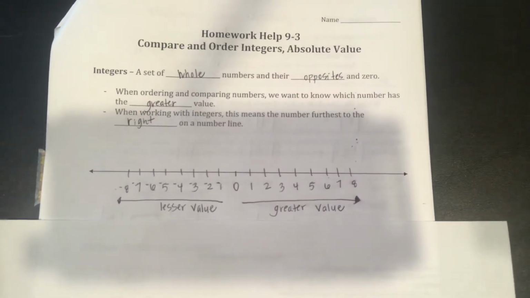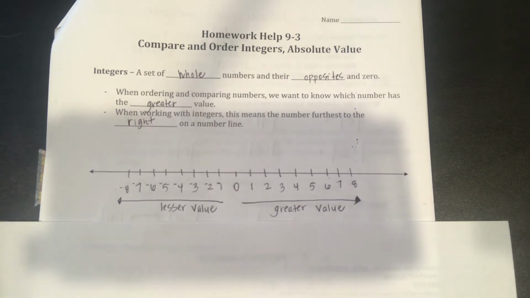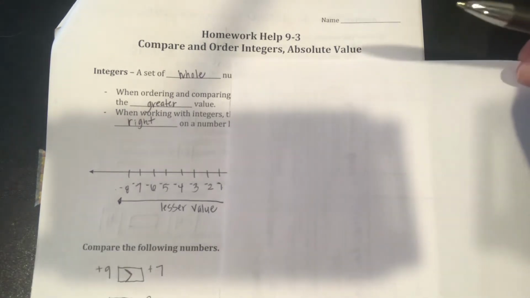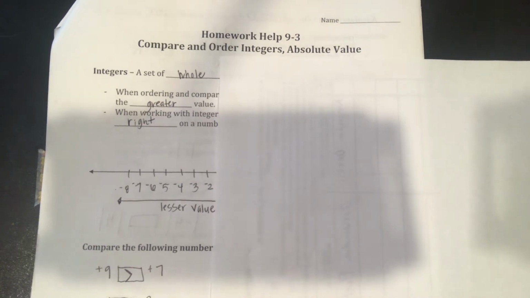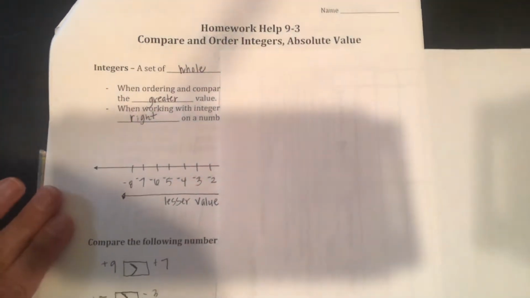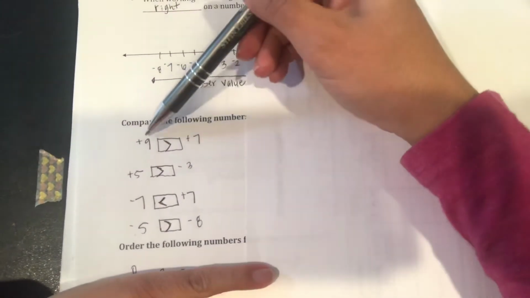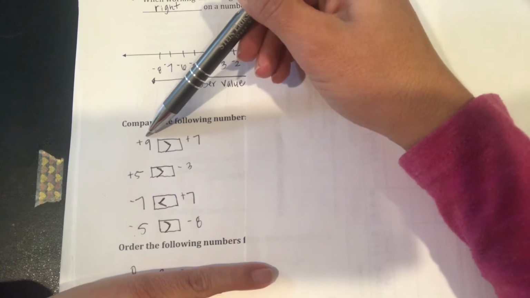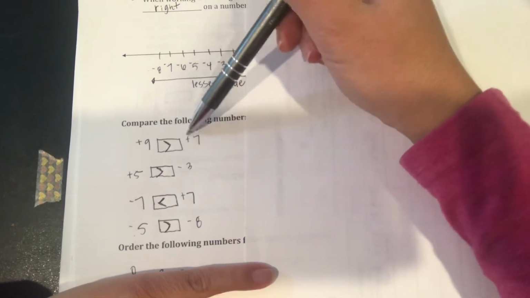Okay, so let's go ahead and do some practicing to make sure that we know how to do this. So I want you to go ahead and write down these numbers here. So I have positive 9 is greater than positive 7.